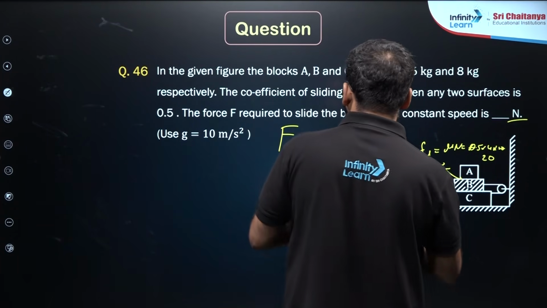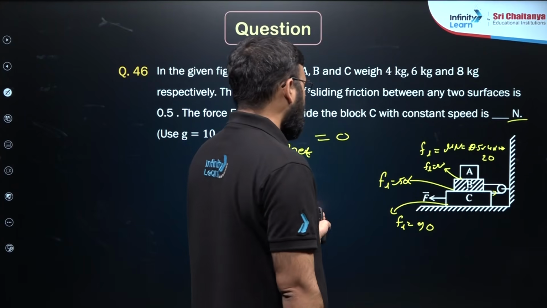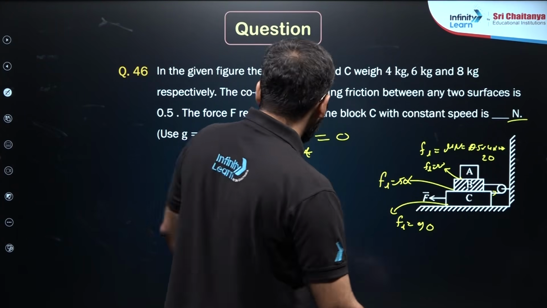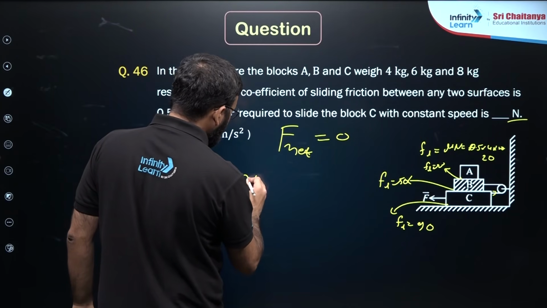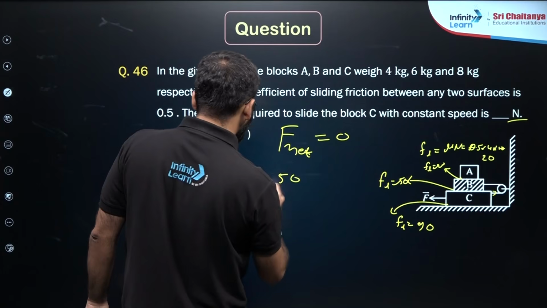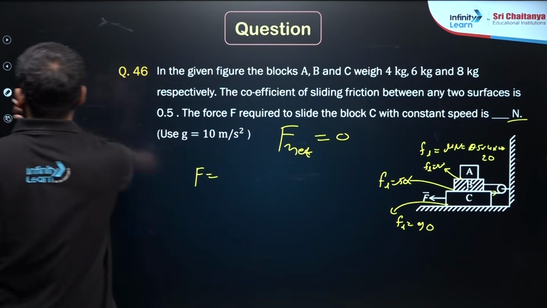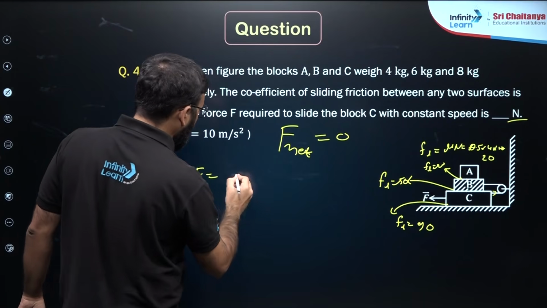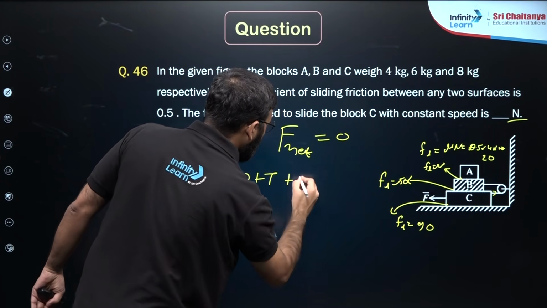So the condition is that net force equals 0. Their tension is T, I am just considering. So for the 8 kilogram block, 90 plus tension T plus this force, which is only 50.